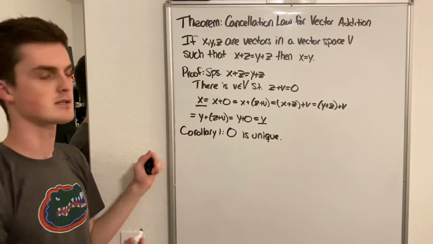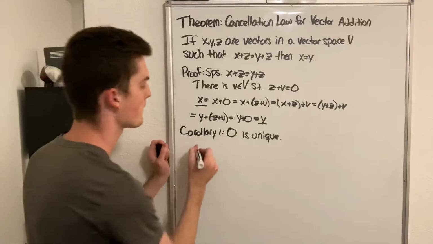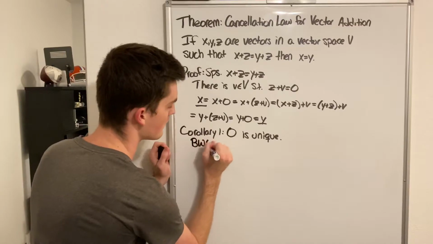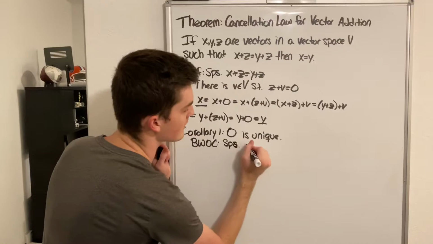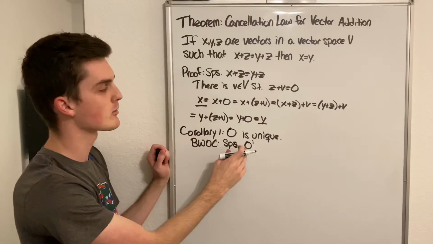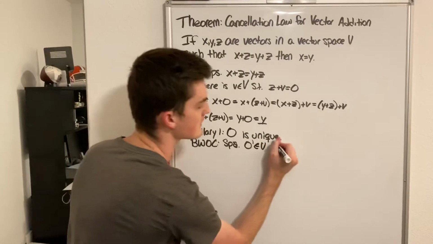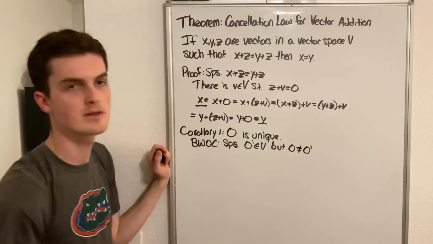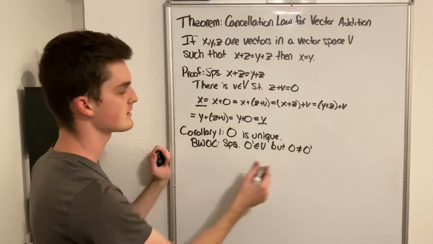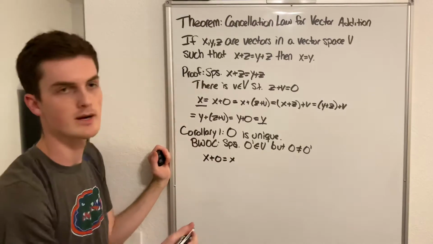Well, this proof is very simple. We can prove it by contradiction. So, by way of contradiction, suppose there is a 0 prime, and this 0 prime is in our vector space V, but 0 is not equal to 0 prime. Well, by our assumption, x plus 0 equals x, right?